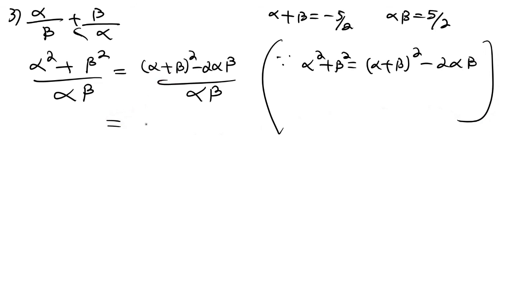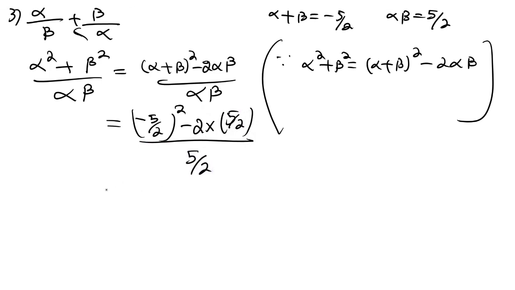What is alpha plus beta? Minus 5 by 2 whole square, minus 2 into alpha beta value, which is 5 by 2, divided by alpha beta, that is 5 by 2. Again simplify this one, 25 divided by 4 minus 2, the 2 cancels, 5, whole divided by 5 by 2.